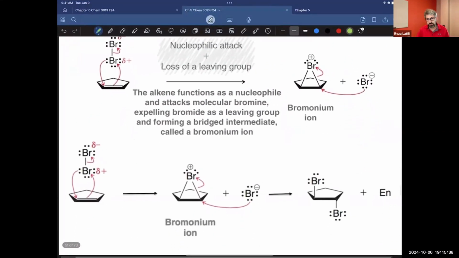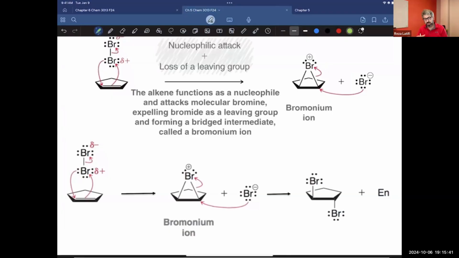The nucleophile will be added from the opposite position. What does it mean? It means the addition will happen from the bottom of the molecule, wherever you have the intermediate, the bromonium ion, or this bromine that's made a ring. If it's sitting at the top, then the bromide, the nucleophile, will reach it from the bottom. Or if the bromonium is on the bottom of the molecule, then the bromide will reach it from the top.